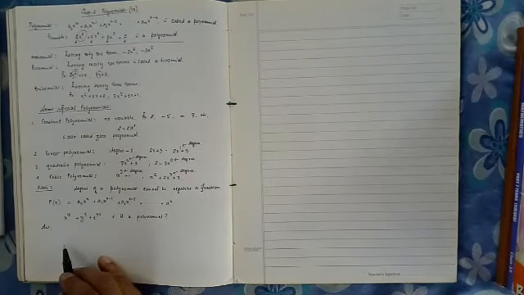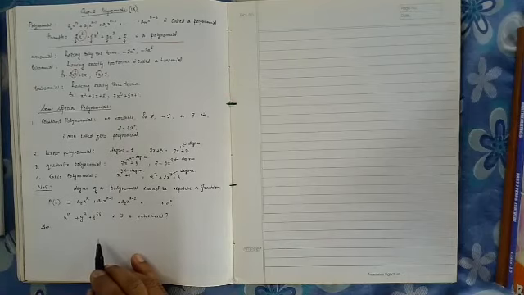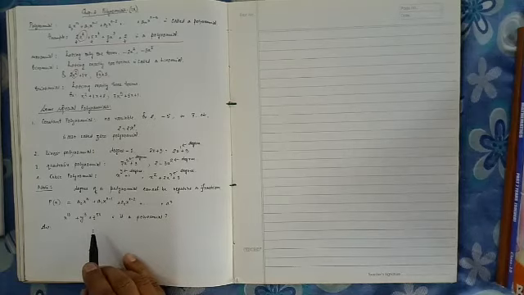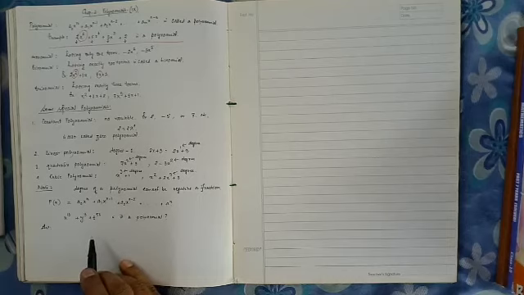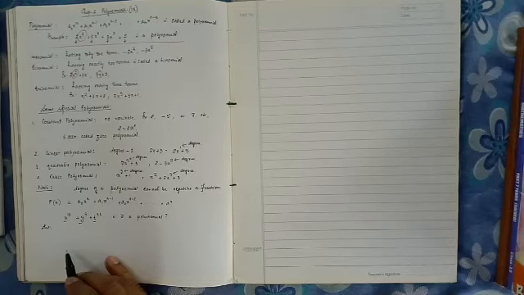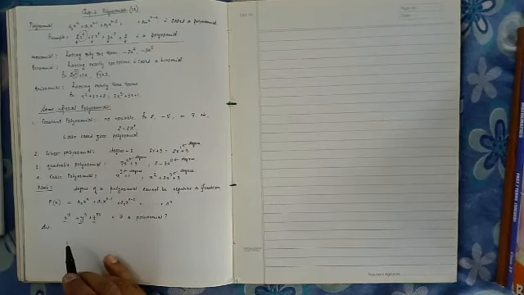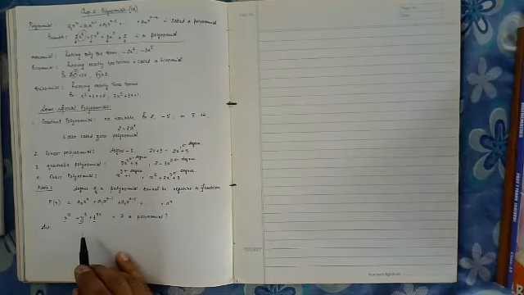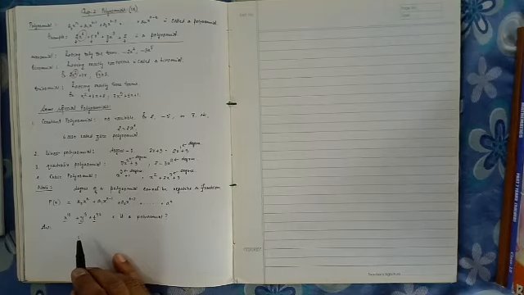The answer is, the given expression is not a polynomial, because the given expression is not in one variable. It has three variables x, y and t. Hence it is not a polynomial in one variable. You need to write the answer: it is not a polynomial in one variable.